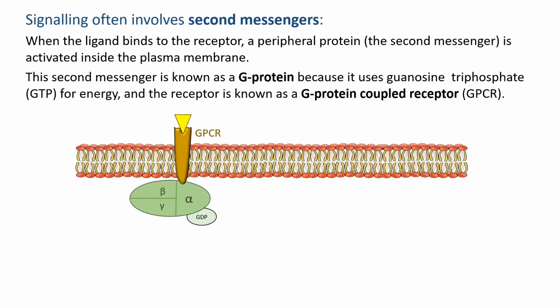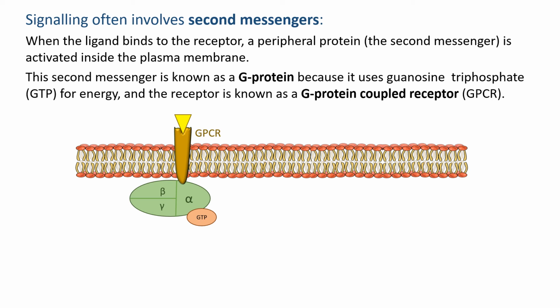Along comes our ligand and binds. The G protein now moves to the intracellular side of the receptor. The next thing that happens, GDP comes off the alpha subunit and GTP goes on. So the alpha subunit exchanges GDP, which is no use to it for energy, for something that is of use, GTP.